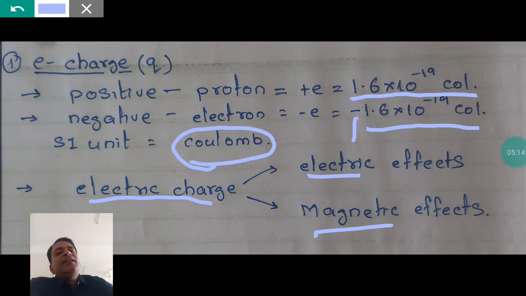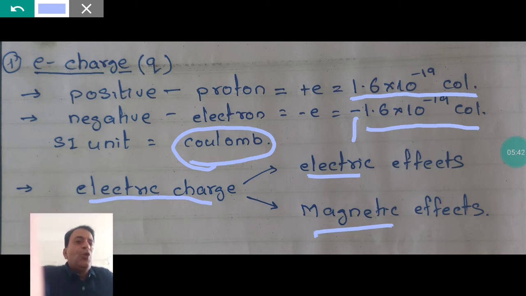Now again see, this positive charge of proton and negative charge of electron have nothing to do with mathematics, nothing to do with emotions. What do these plus and minus signs on proton and electron verify? They just verify that whatever charges are on them, the nature of charge is opposite.